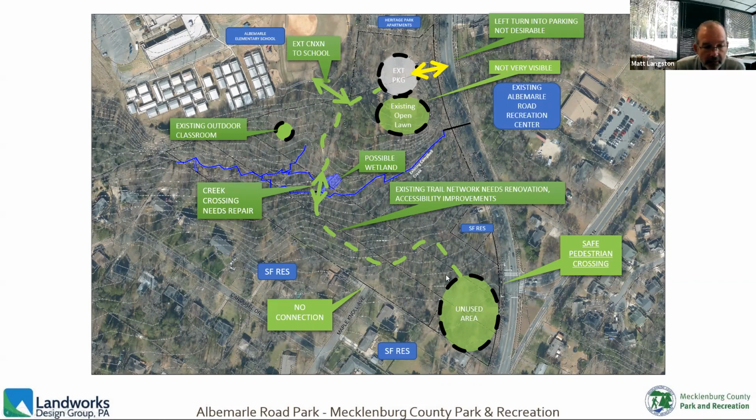We've got this nice open grass area that's not really getting used for anything. The end of Maple Knoll Avenue doesn't acknowledge any sort of existence of the park. These are the things we found on our site visit and in studying the site.